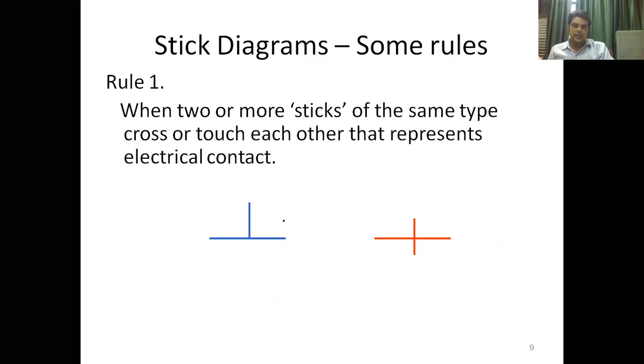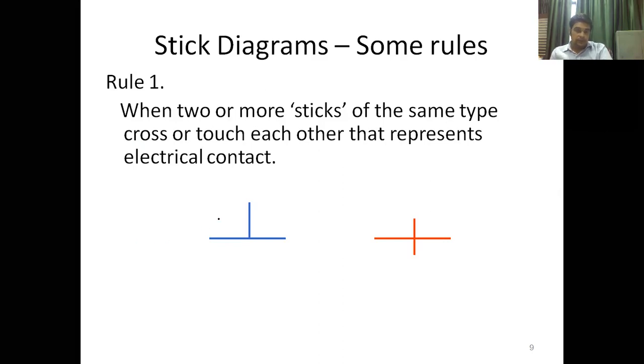The rules say that if two or more sticks of the same type, which means both the sticks are metals, both the sticks are N diffusion, both the sticks are P diffusion, so these are of the same types. If two or more sticks of the same type cross or touch each other, then it represents the electrical contact. It by default represents the electrical contact.